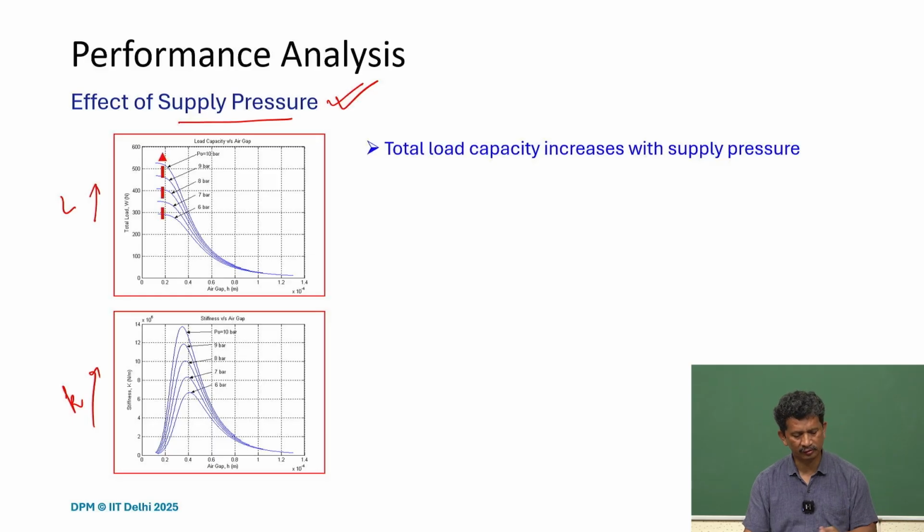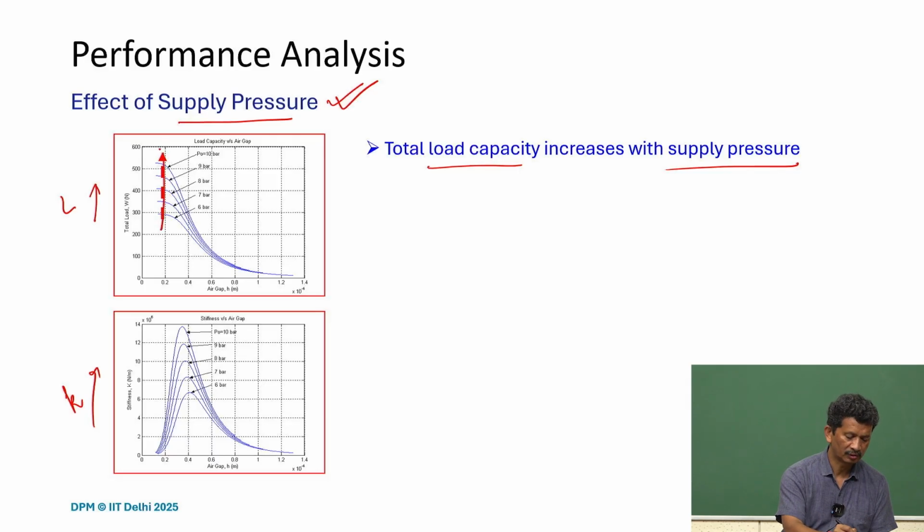Maybe here the orifice diameter is fixed, and we only change the supply pressure, and it's quite evident that the total load capacity increases with the supply pressure, because the ultimate pressure we have is higher. That's why we can see that there is an increase.